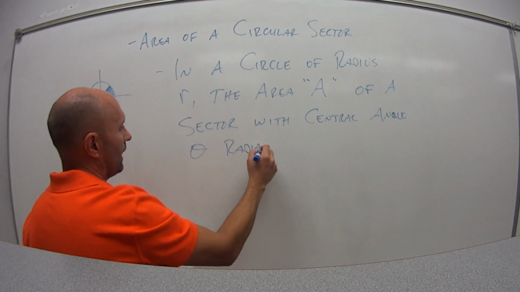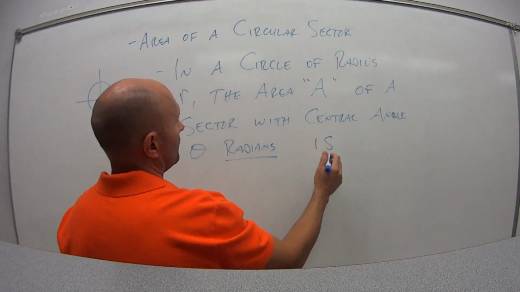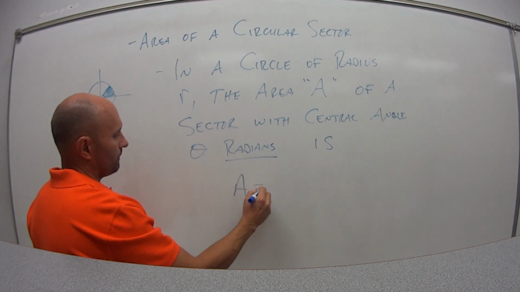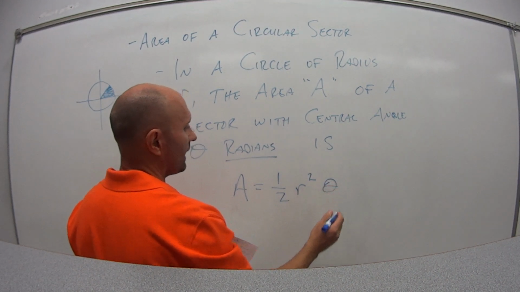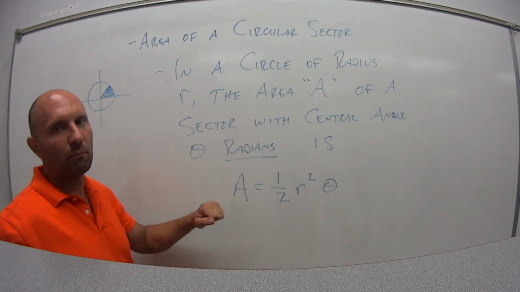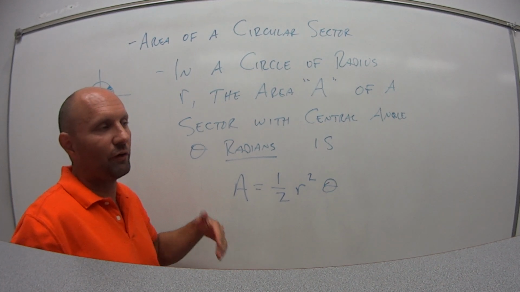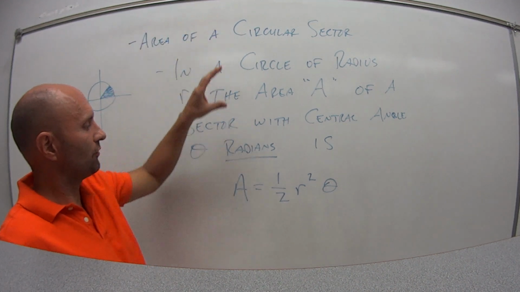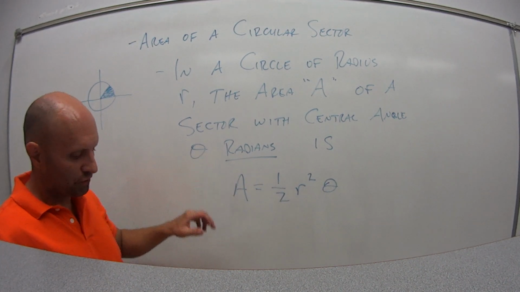So again, we have to be careful. If we're given a degree measurement, we have to convert it. The sector is figured out with the following formula. The area A is 1/2 the radius squared times theta. Again, if you've got that cheat sheet and you're putting stuff on it, put this on it. If nothing else, it's a quick shortcut for your homework, so you don't have to keep flipping through your notes or the book. Area of a circular sector, A is equal to 1/2 r squared theta. And again, make sure it's in radians.